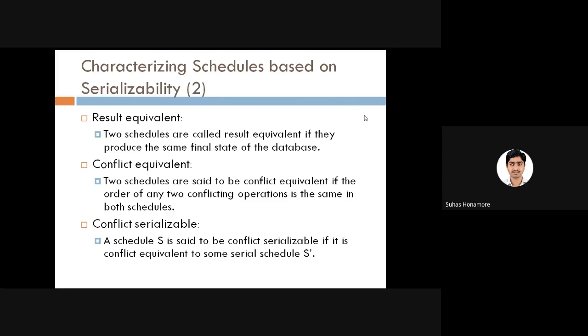Both sides have the same transactions, and we are just trying to check whether these two schedules are the same or not. In S1 conflicts will be there, and in S2 also conflicts will be there.